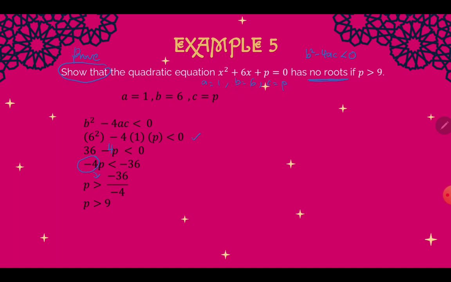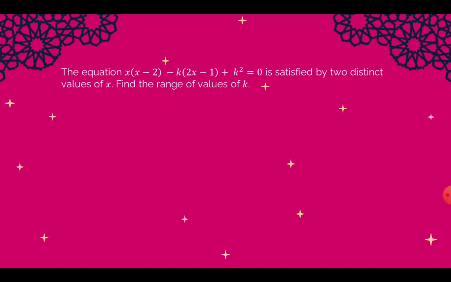So we can say that p is greater than 9. So at last we have proven that the equation has no roots; the end of the solution is p greater than 9. Okay, simple. Next example.